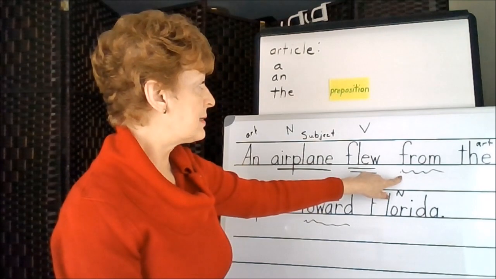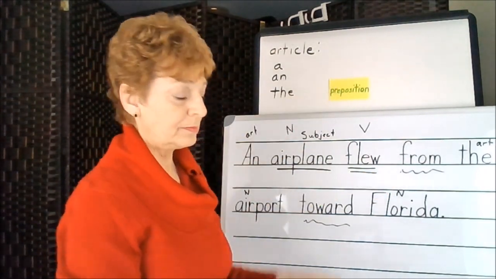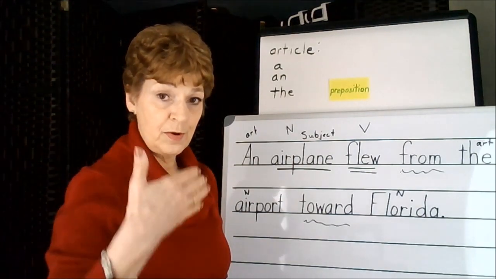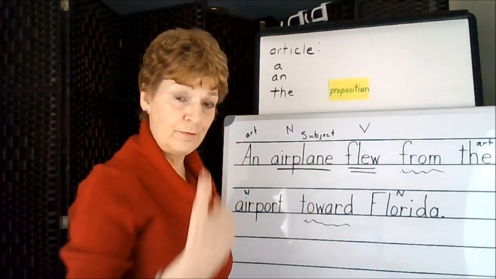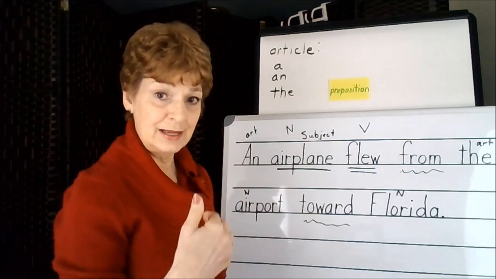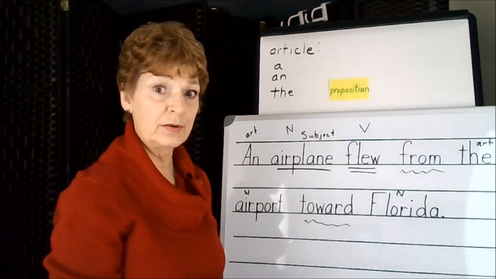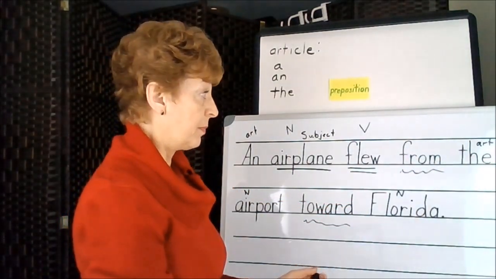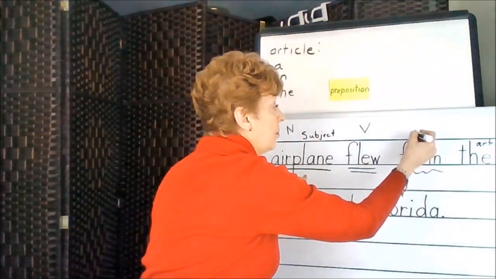From. So let's consider this as a position. Can you go from here to there? From? Yes, it is a positional word. From here, you're starting here, and you're going someplace. So this would be a preposition.